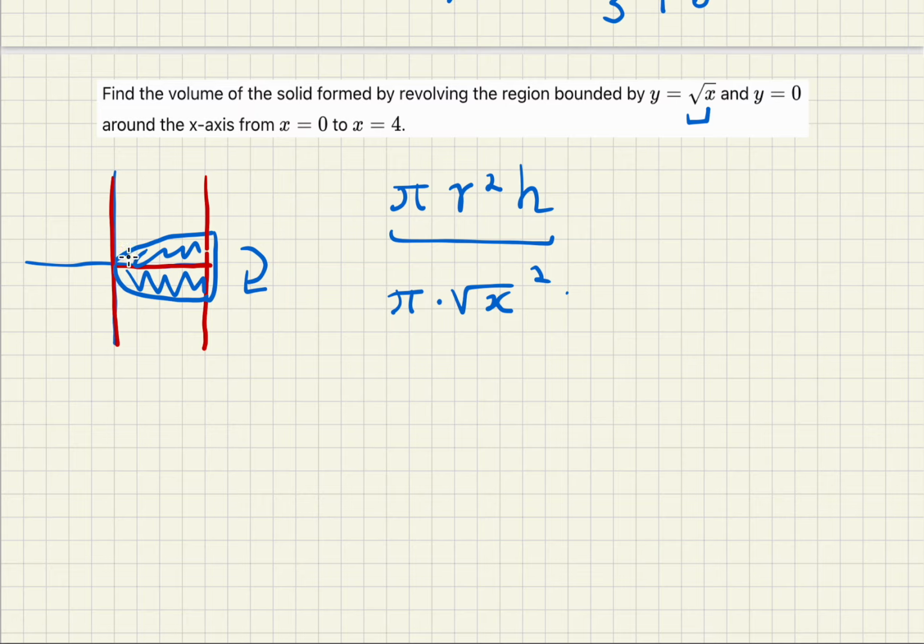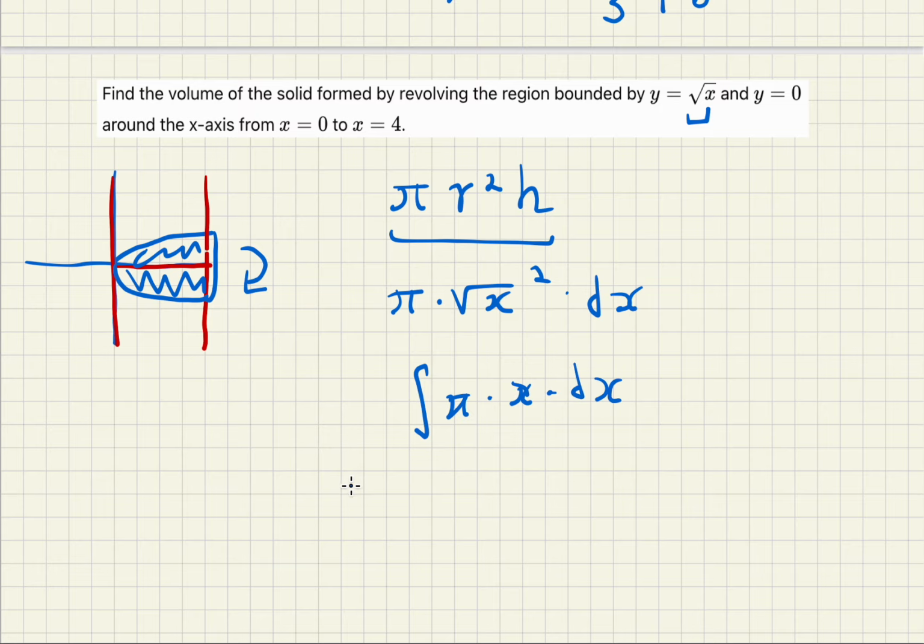So when you integrate an object, you split it up into infinite pieces, and each of those pieces is called dx. And so now all you need to do is integrate this, and you can write pi times square root of x squared, which is just x, and then dx.